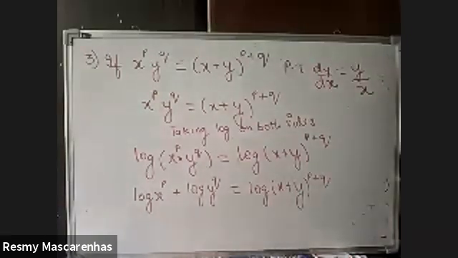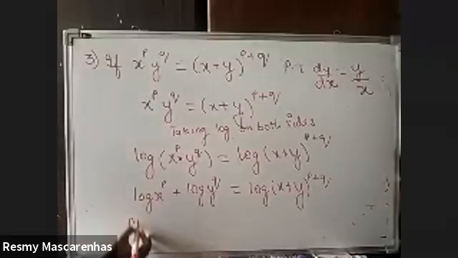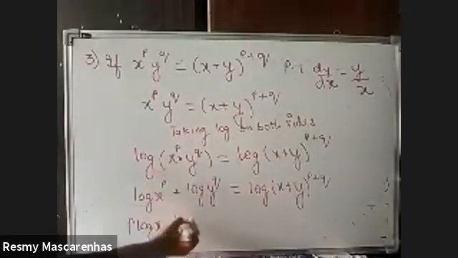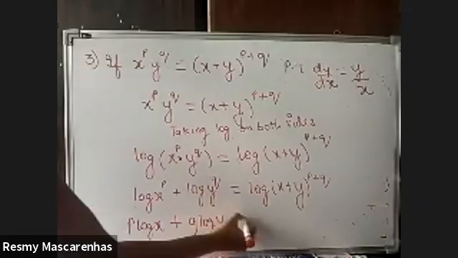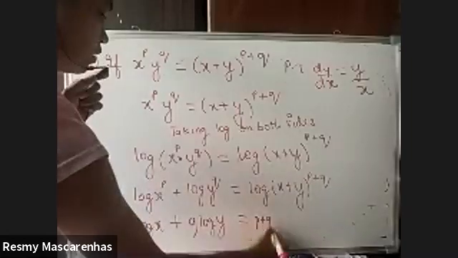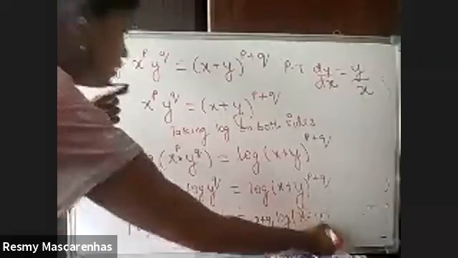Now whichever powers are there, bring them out. So it will be p log x, p I can take out. Same way q will come out, so this will be q log y. Same way p plus q will come out: log of x plus y.